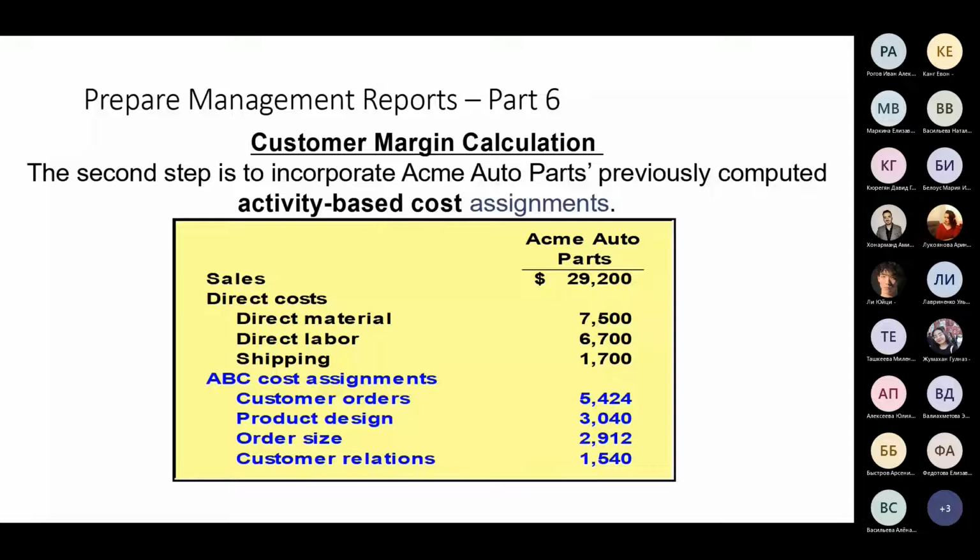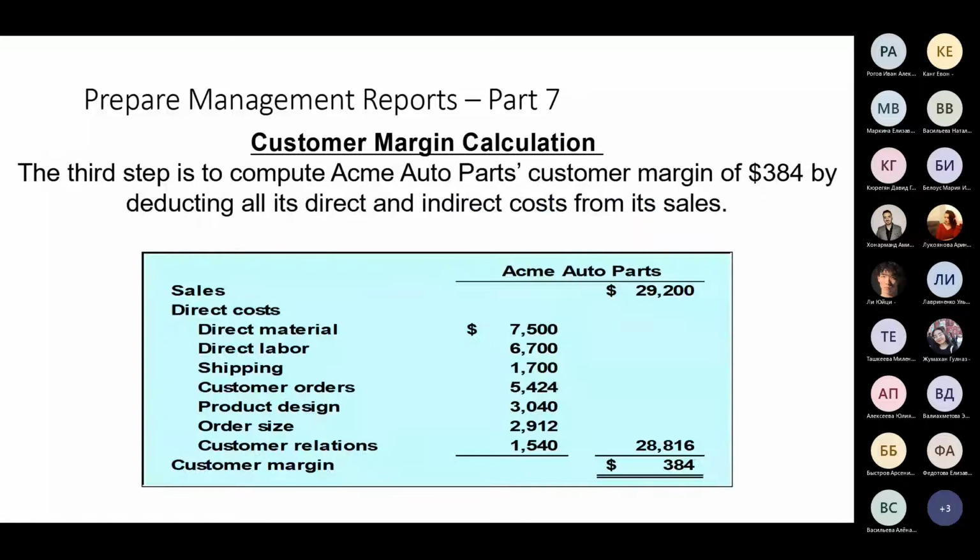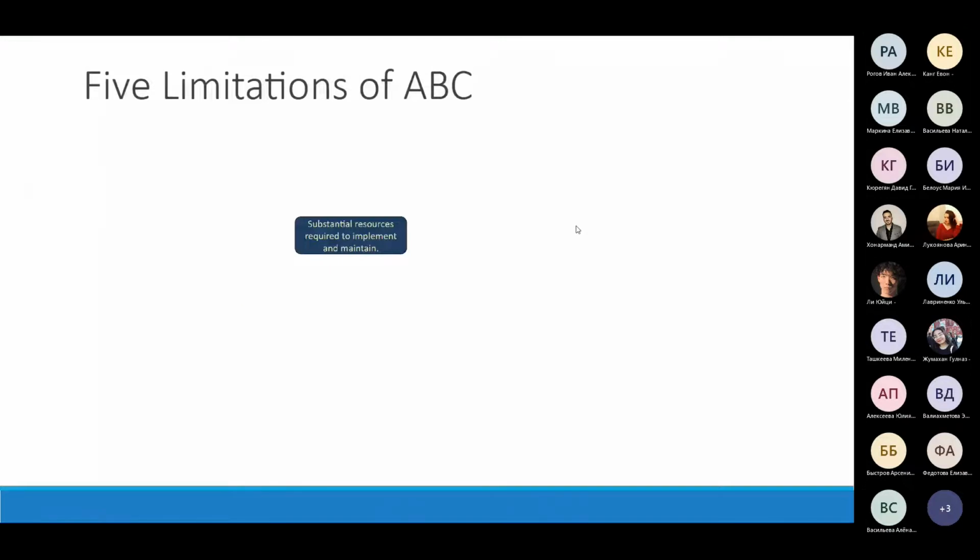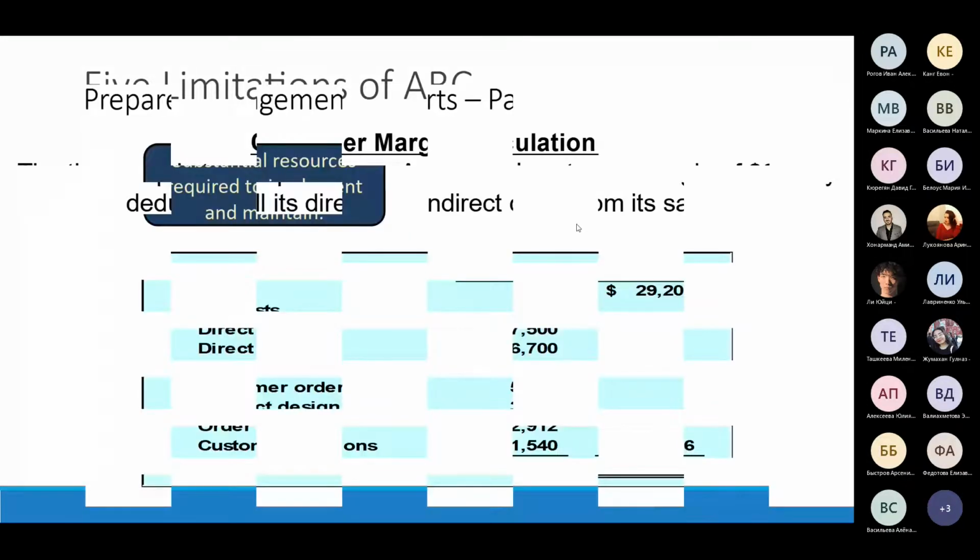When we collect all these indirect expenses, we can calculate the customer margin itself and decide whether the operations with this particular client are profitable or not profitable. And in that case, we have to decide what to do in future. Here we can see that the customer margin is calculated and it is positive. So these expenses are fully covered with sales, and therefore the relationships with the particular client are profitable.